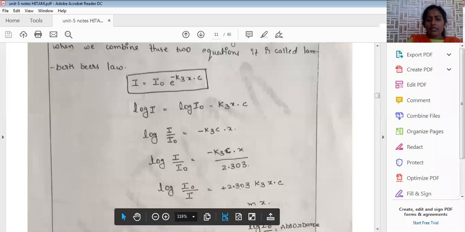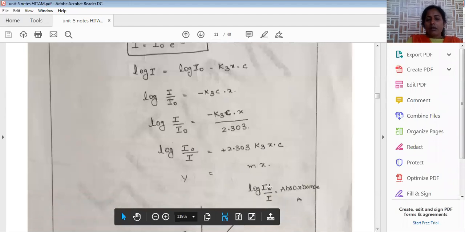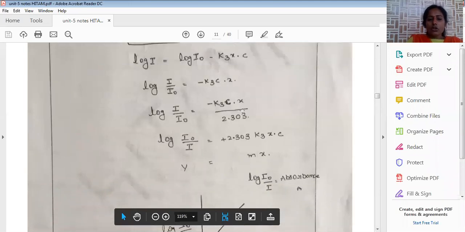Now log I naught by I is equal to here. When the denominator is going up, what happens? It becomes minus. So the minus sign is there with k3x. When we invert the signs, it becomes plus 2.303 k3x, because we are inverting the total equation.